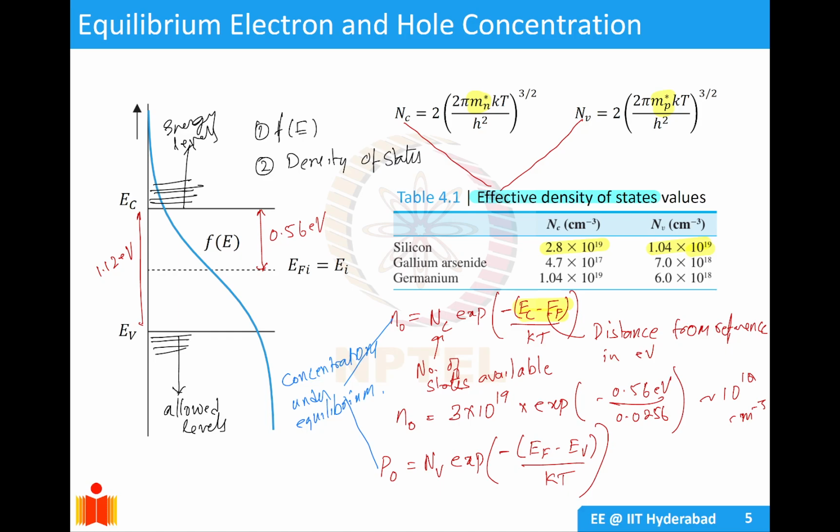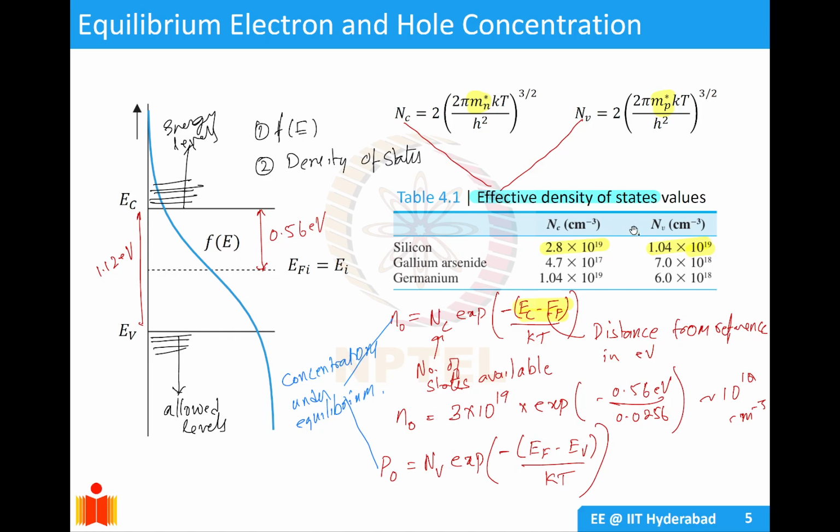Band structure calculation is a very big research field, but it is not very accurate. So we generally take mn star and mp star as reference values, but they are not always accurate. Hence, you won't be asked to calculate NC and NV generally.